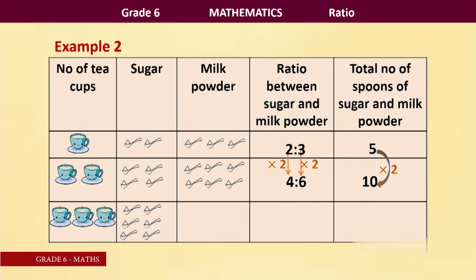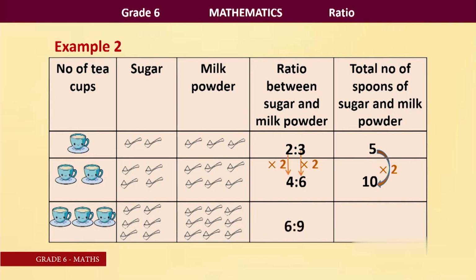Then there are 6 sugar teaspoons. Then milk powder. For a cup, 3 teaspoons of milk powder. For another cup, 3 teaspoons. For the other cup, 3 teaspoons more. Now, what is the total?